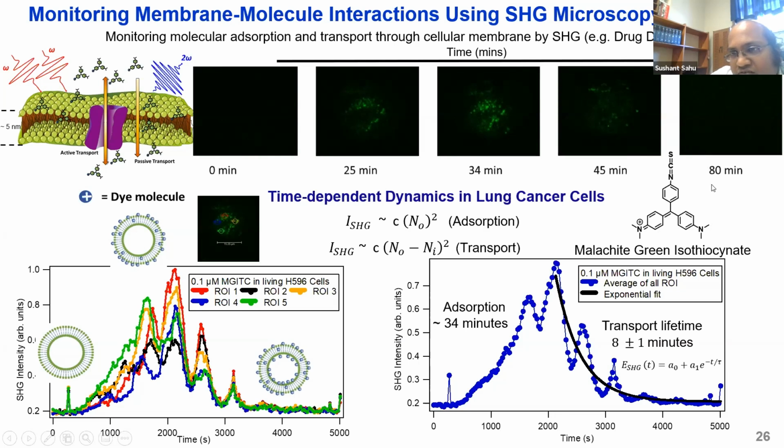Okay, it's actually here an isothiocyanate derivative, and it is known that it has this triphenyl methane type of backbone structure, and it is also known to be a marine antibiotic. So it has implications to look at this drug, how the drug is transporting across the cell membrane.